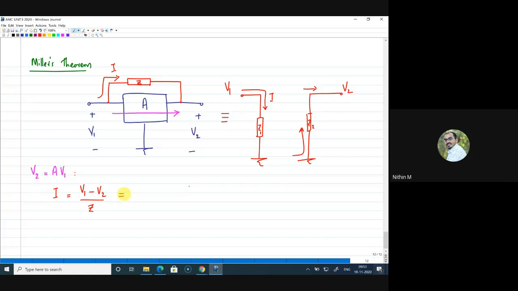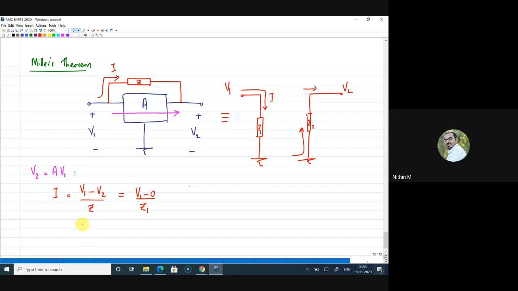Now the same current is flowing through Z1 also. So what is that current? V1 minus 0 by Z1 is actually I. So I can write here V1 minus 0 by Z1. Through this, I got a relation between Z and Z1.